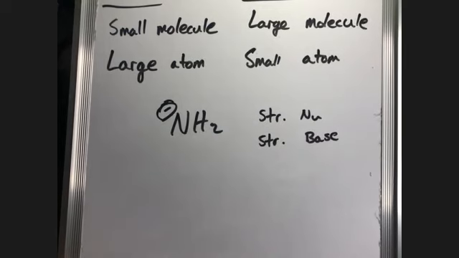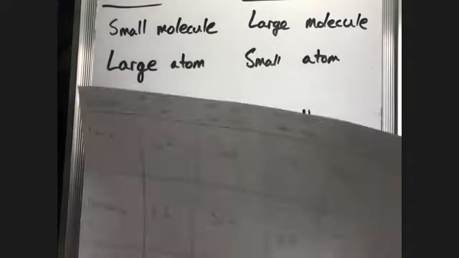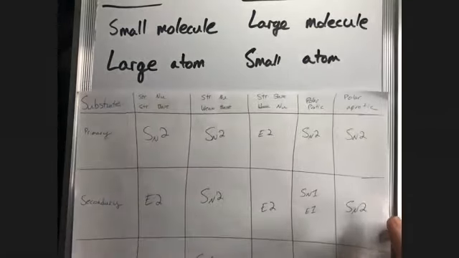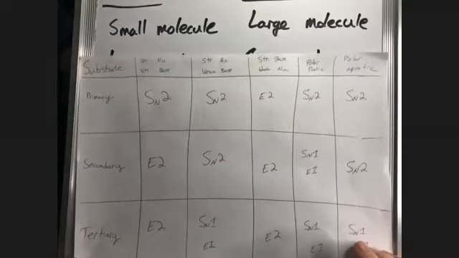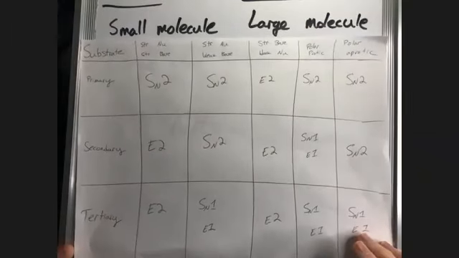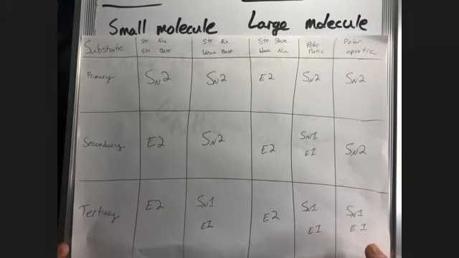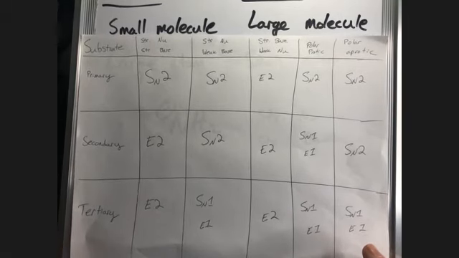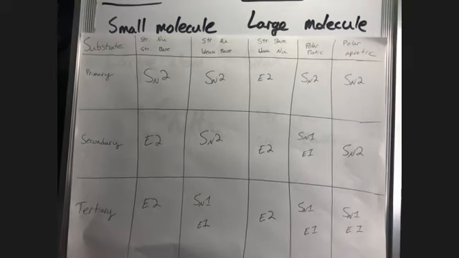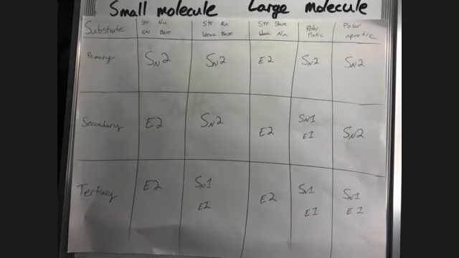Okay, now you'll notice that I haven't talked about polar protic or polar aprotic solvents yet, because you should consider solvent effects as the very last thing, because all this other stuff is much more telling for the type of mechanism that's going to happen. You can do an SN2 reaction in a polar protic solvent. It's not a requirement that it has to be polar aprotic.